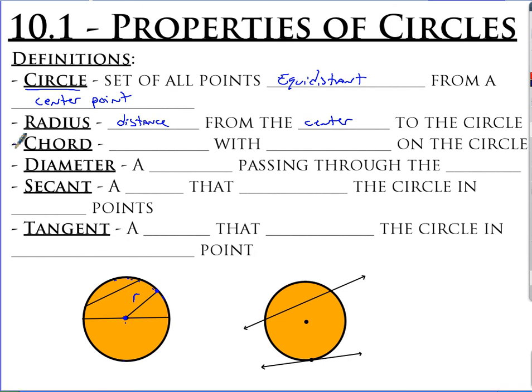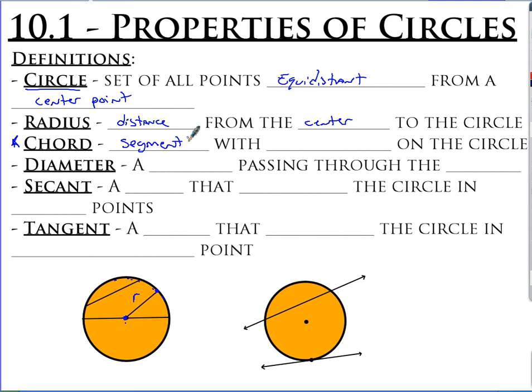Something that might be new: a chord. What's a chord? Some of you are in music class, and you might have another definition for a chord, but that's not what this is. A chord is a segment, or a line segment.